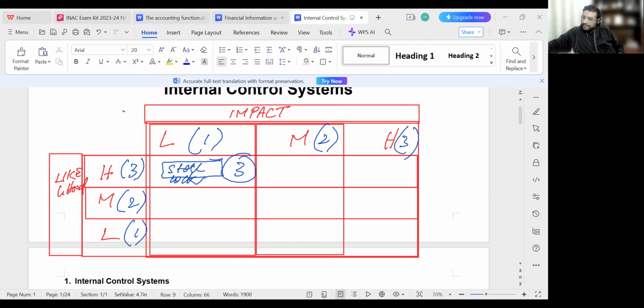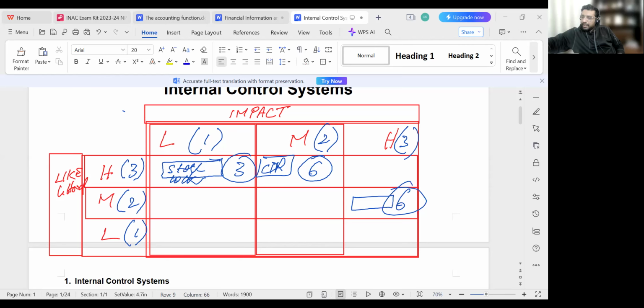So you would be placing, let's say, I call it CD, credit card risk, CDR. Okay. So I'll be placing it in this box, and the score I would be assigning is 6. 3 times 2, 6. Okay. If I'm placing something in this box where the likelihood is medium and impact is high, that's going to be 6 as well.